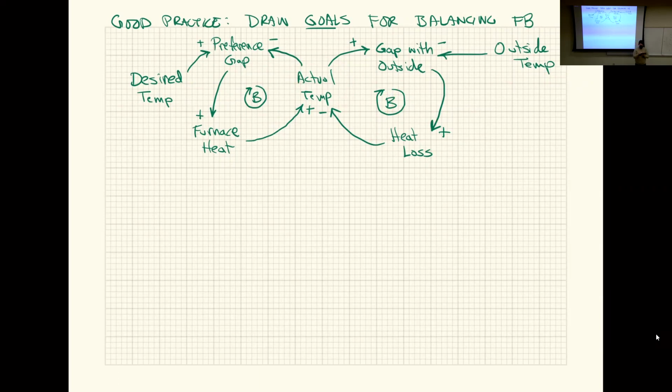And by the way, now that we've read it, this is what was in the text you read last night as an escalation archetype. And that's when two balancing feedback processes have different goals.